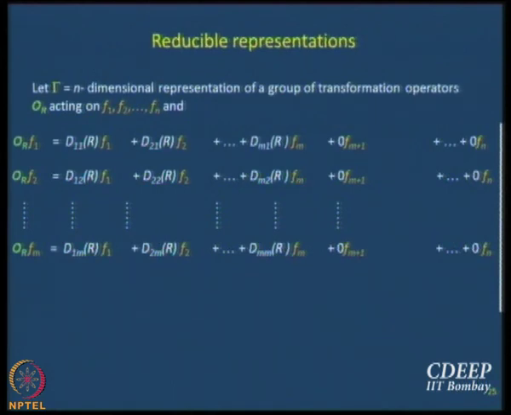What is OR F1? OR F1 equals D11R F1 plus D21R F2. By now I think we are familiar with this notation. It is not D12R, but D21R, because we are working with the basis. Plus so on and so forth up to DM1R Fm.